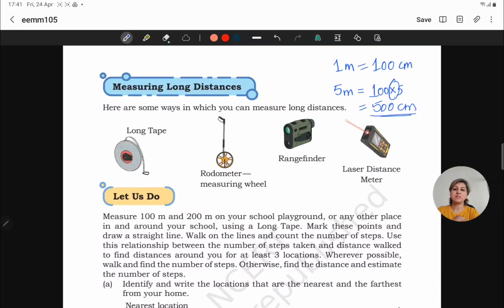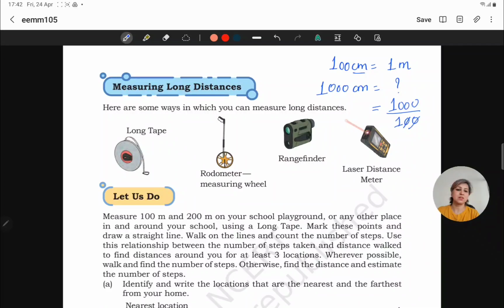Likewise, if we have to convert from a smaller unit to a bigger unit, for example, 100 centimeter is equal to 1 meter. So let's say 1000 centimeter is equal to how many meters? In this case, we'll divide 1000 by 100.